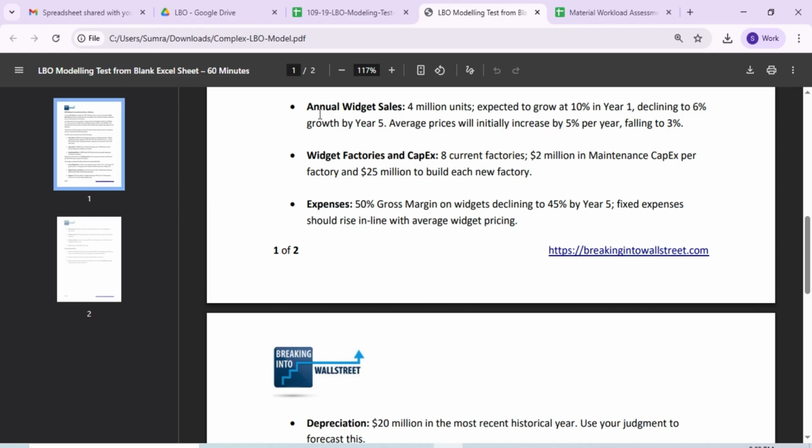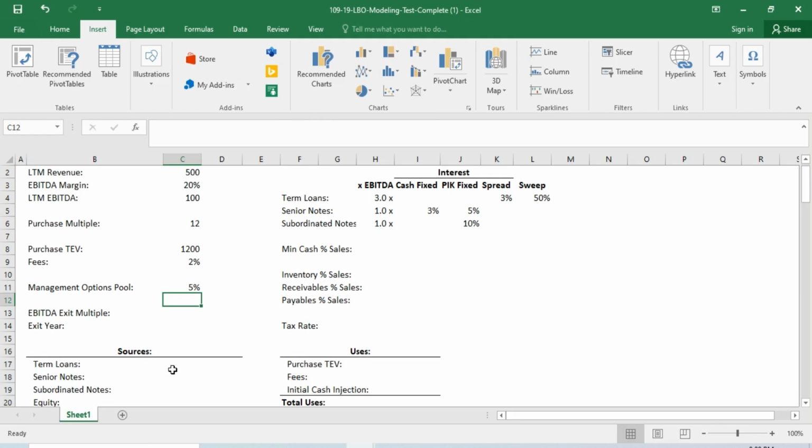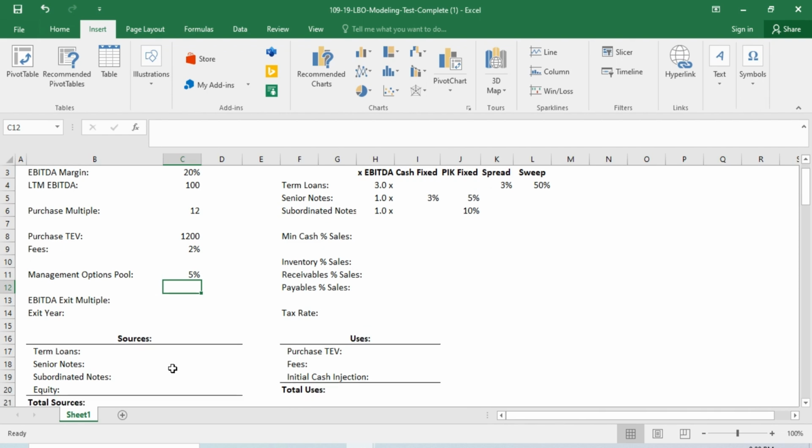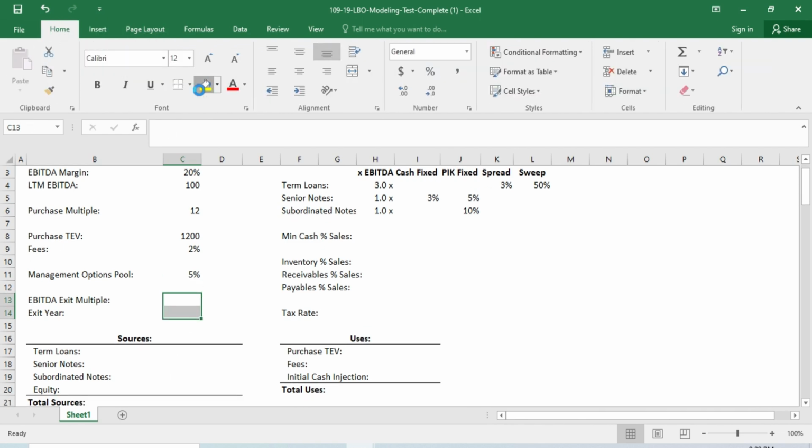Okay, now we will go to the forecasting of financial statements. Annual widget sales, 4 million units. Okay, these two I will just highlight. This we will use later.